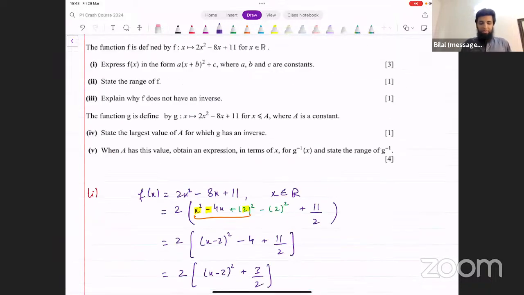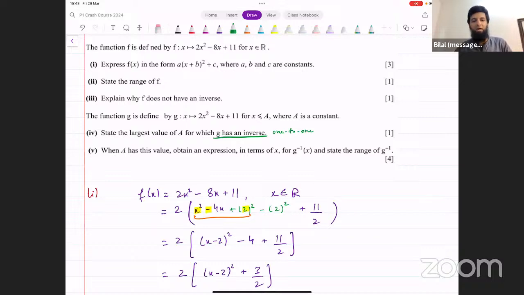And now they say, state the largest value of a for which g has an inverse. Now, how do you think of this? So g should have an inverse. When can any function have an inverse? For a function to have an inverse, it should be a one-to-one function.